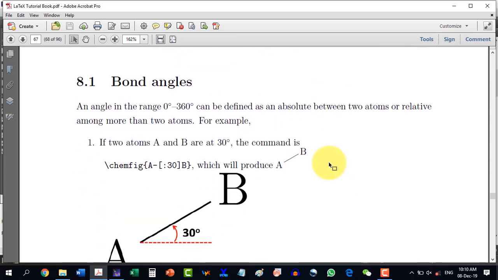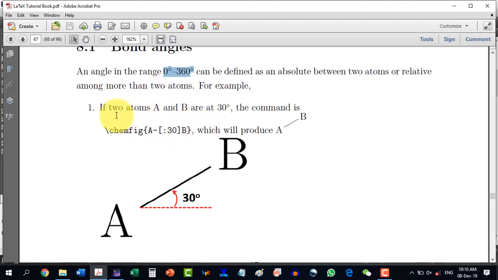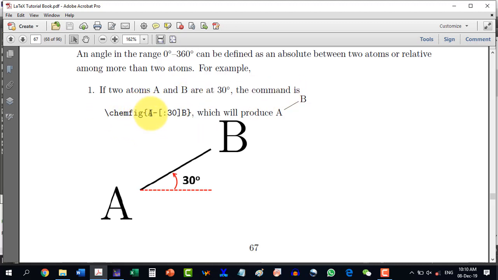Now in section 8.1, we can cover the bond angles. The bond angles can be covered in the whole range from 0 to 360 degrees, between two atoms or more than two atoms. For example, if I want to mark a bond at an angle of 30 between A and B, then I will have to write this command \chemfig, then as usual A-B, but now with respect to B I will write this additional command in square brackets, colon 30.